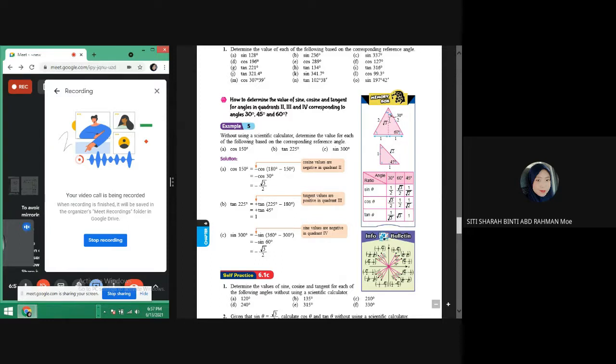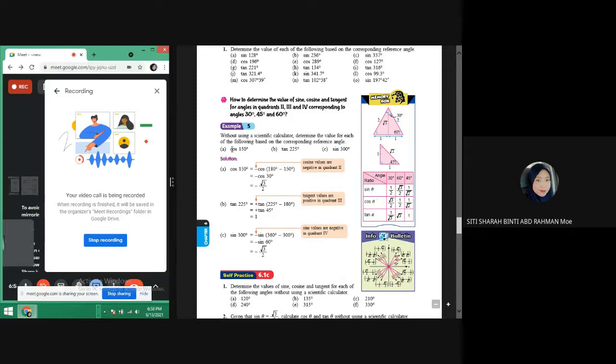Please memorize these two triangles to know the simple sine, cos, tangent values.